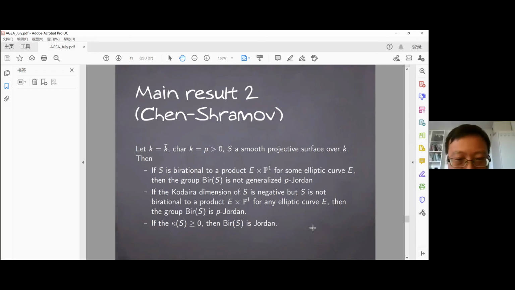I think probably not, because if Kodaira dimension is negative, right? If you assume the minimal model program, then either you have some Fano fibration, for example, you have this P1 fiber space. Once you contain this P1, then the automorphism of P1 already is not Jordan.